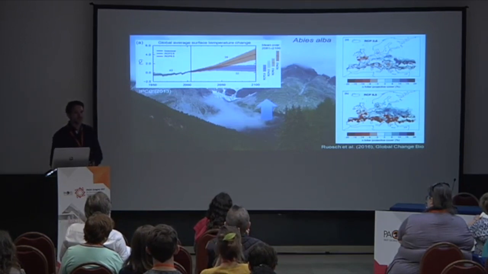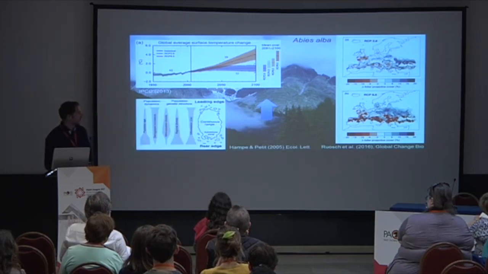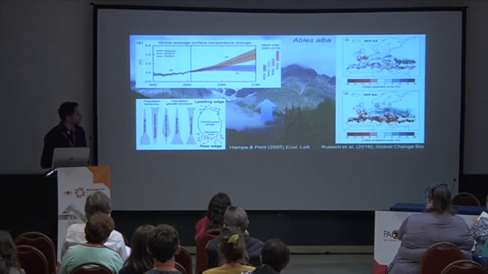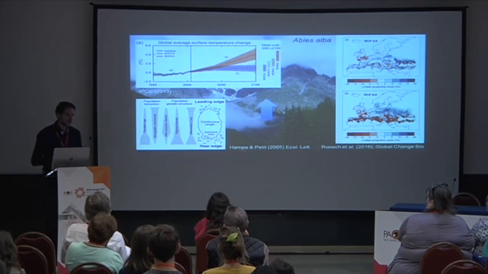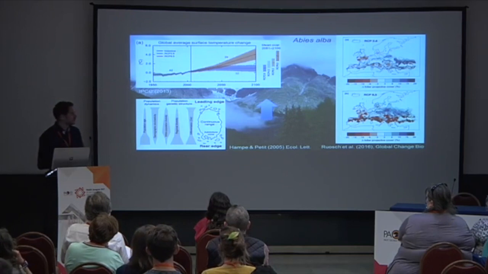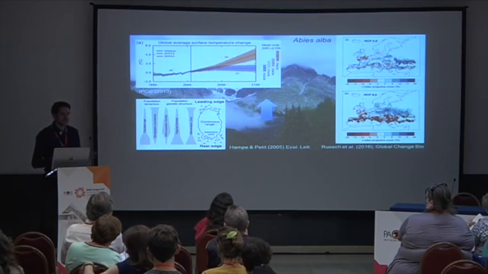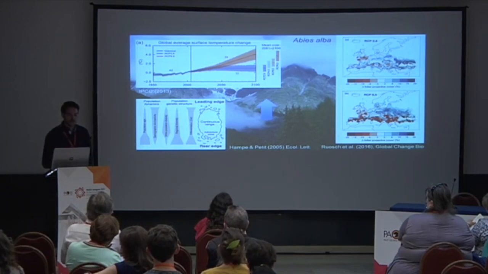And such range shifts also have a drastic impact on the gene pool of a species, especially if the rear edge might go extinct. As you can see here in this schematic graph, the rear edge harbors a large amount of genetic diversity due to the older populations that might actually date back to refugial populations.